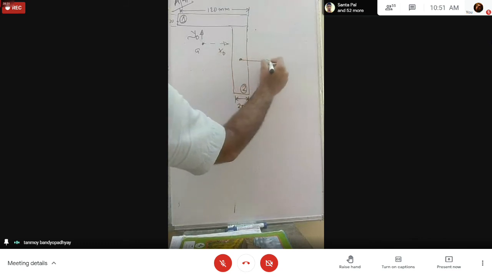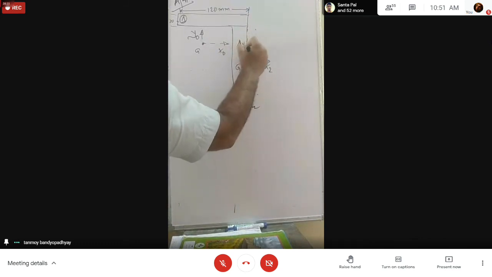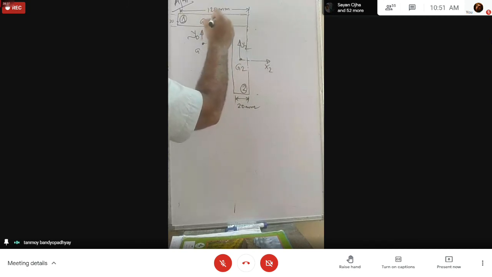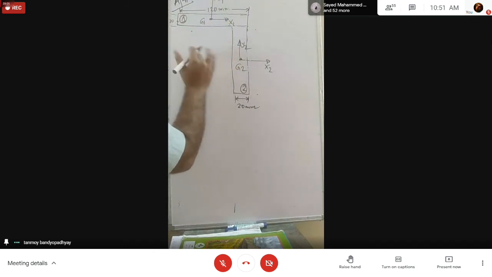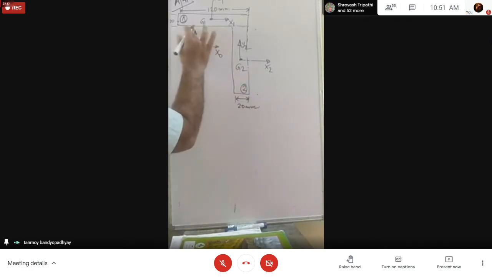So this is G2, the axis system is x2 y2, here I am having G1 which is the centroid of element number 1 and the axis system is x1 y1. দেখো, কোনোটাই কিন্তু কোইন্সিডেন্ট নয়, so that neither x nor y matches with anyone. So this is y0.